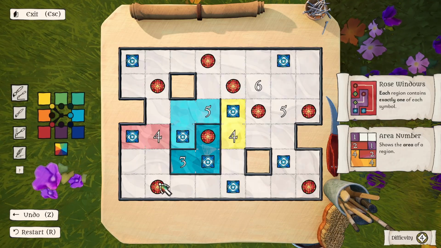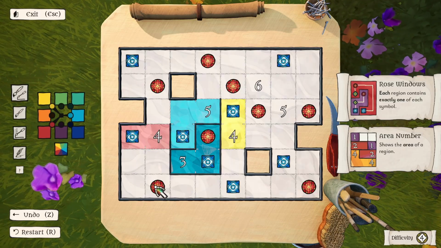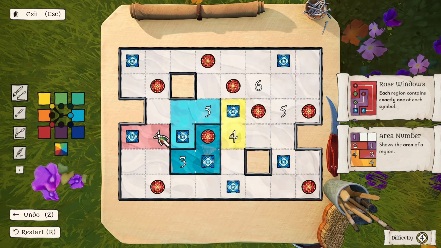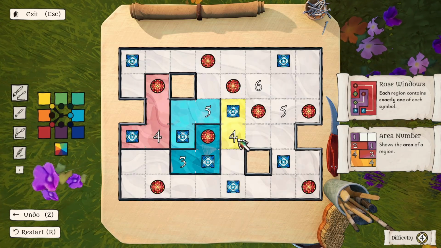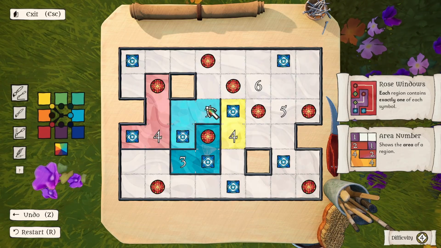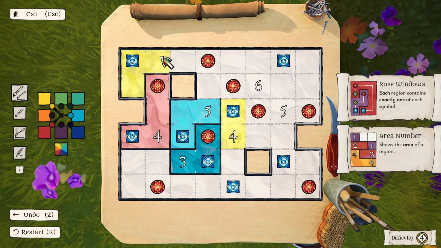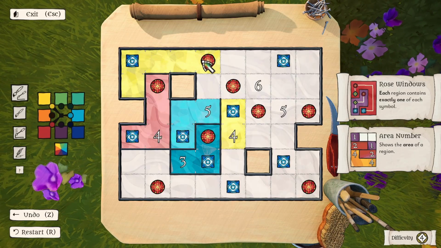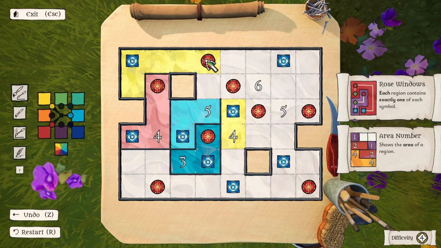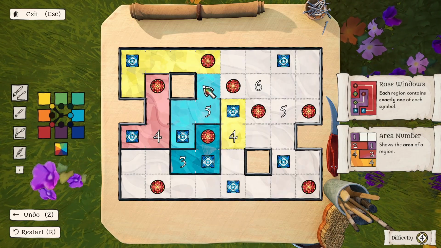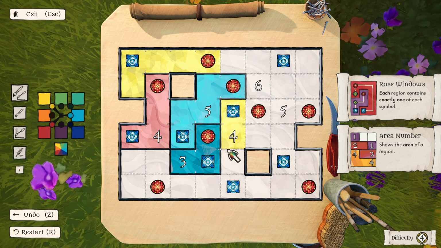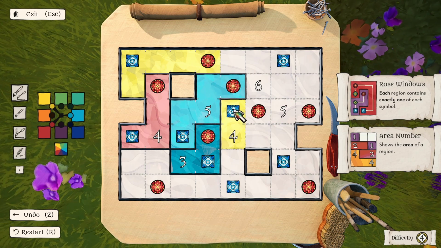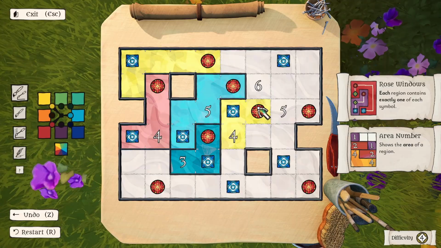Therefore, this 4 does not come down to this. It goes up to that. Now, this region has to take that. I don't know what size it is yet, but that means this 5 does that. Now I know that the 4 is going to take that.